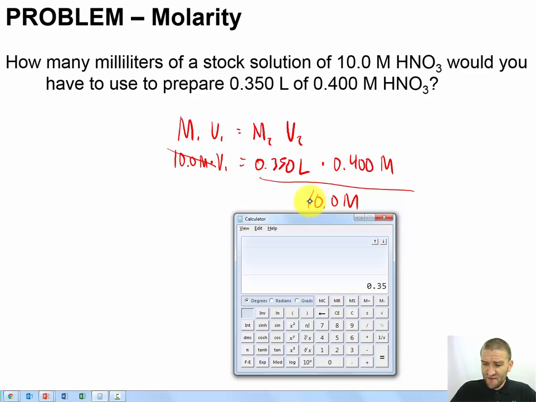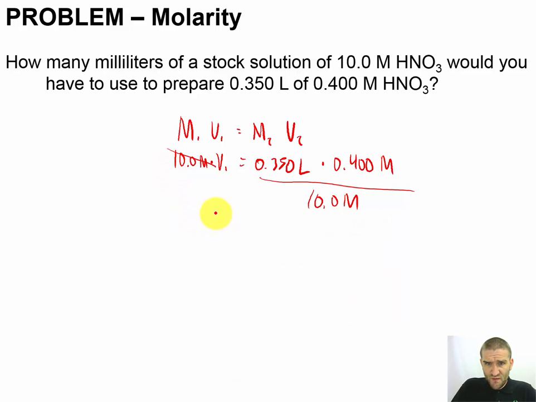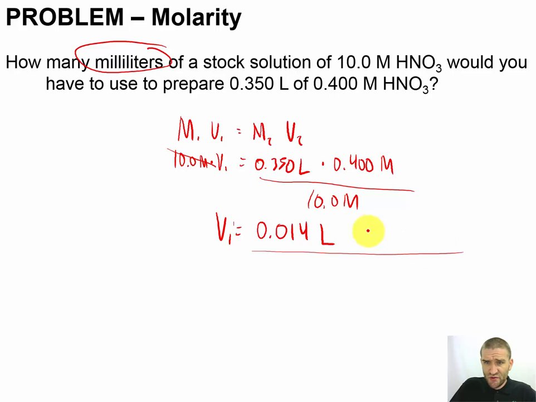We have 0.350 times 0.400 divided by 10.0, and that's going to be 0.014. V1 equals 0.014 liters.